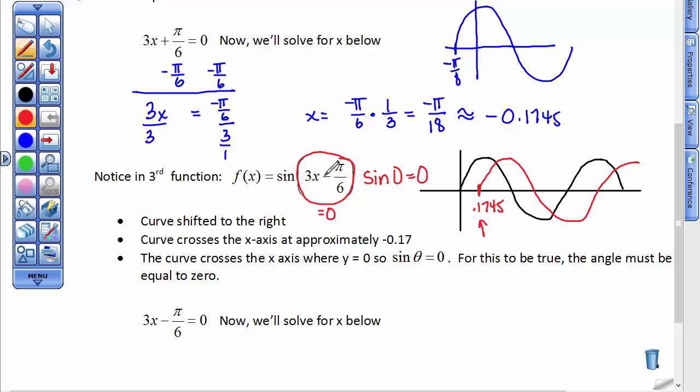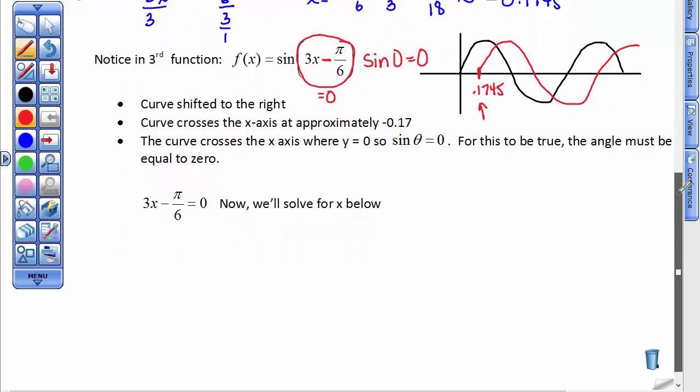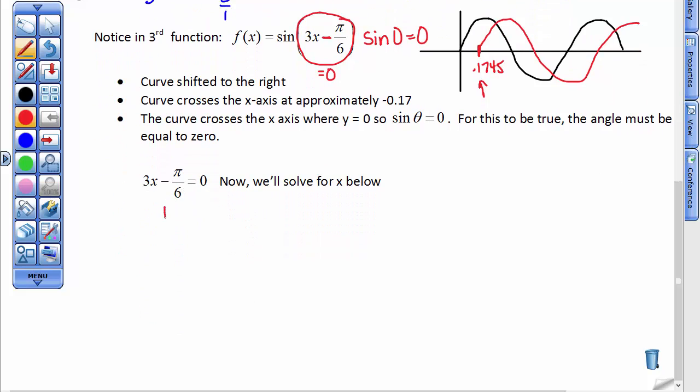So if you're graphing the sine of 3x minus pi over 6, then that curve will shift to the right to a positive value, because you add pi over 6 to both sides of the equal sign, and then you divide by 3. So pi over 6 divided by 3 means to multiply by 1/3, and this curve is shifted by pi over 18 units.